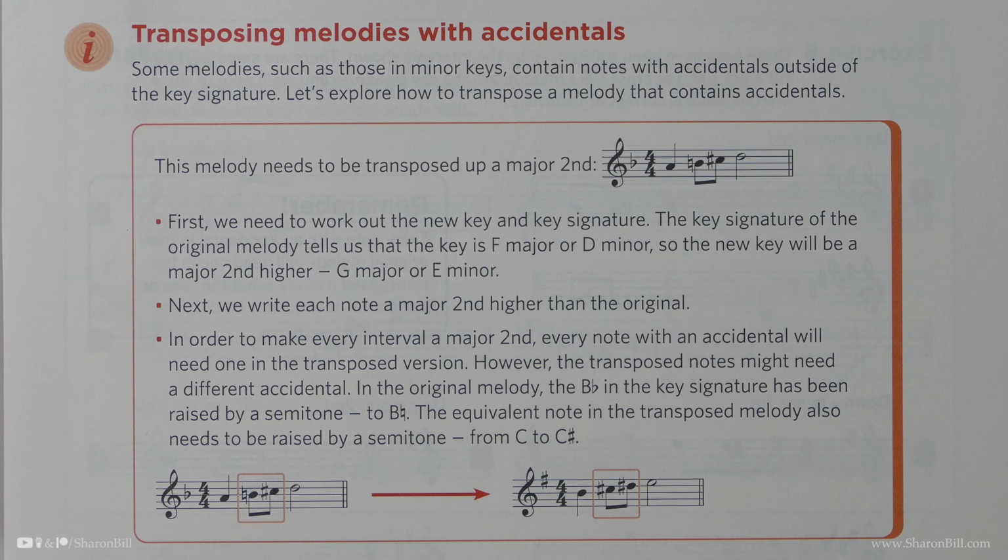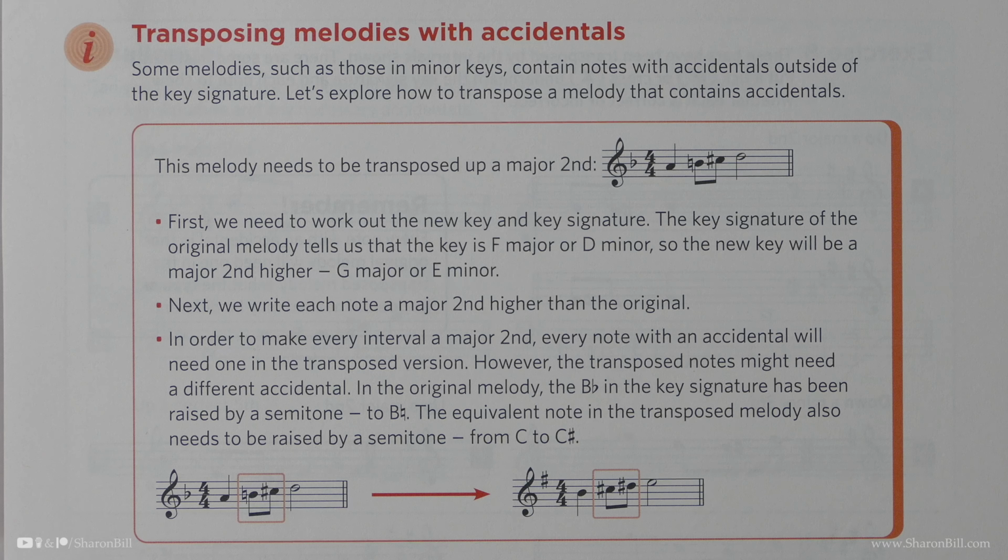That may be because it's in a minor key, in which case the 7th or the 6th and the 7th will need to be raised, or also a composer may just want to add some chromatic interest. And so there will be need to transpose accidentals. And it's not particularly difficult, it's just a final little step that we need to add into the equation when we're working out transposing a melody.